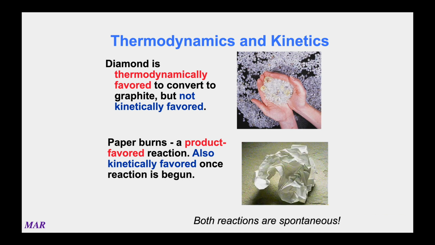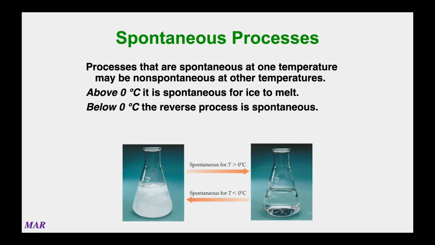It's all about thermodynamics. Some reactions are spontaneous at one temperature and non-spontaneous at other temperatures. So there's a temperature dependence on this idea of if a reaction will occur or not. A great example of this is ice going to liquid water and back and forth, all right?